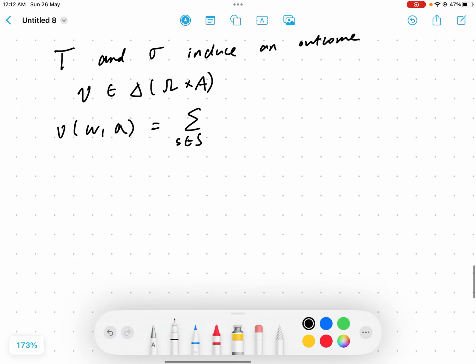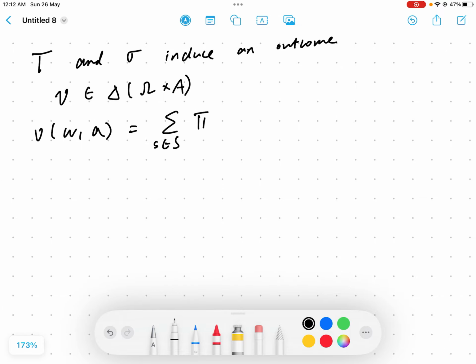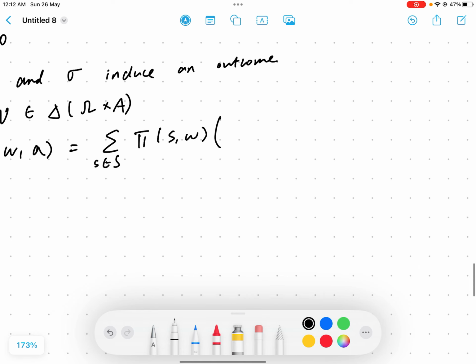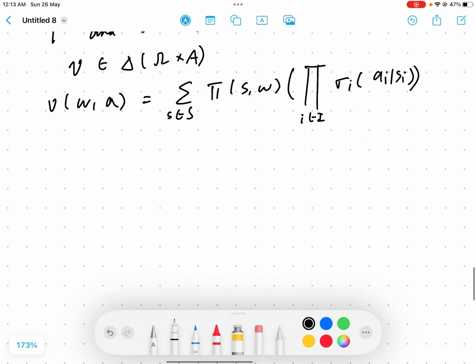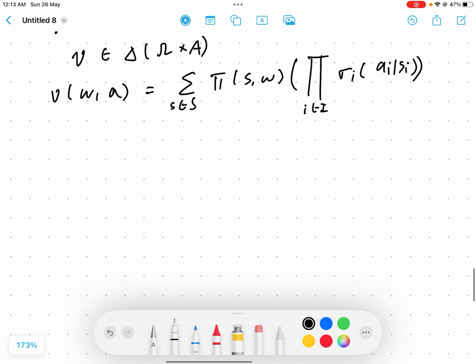So we sum first over all the signals, and we have our pi's, s, and omega. When you multiply, this is just multiplication: sigma a_i given s_i. We multiply all those together and then times pi, then sum them all up over all the s's, and this is our outcome. This has to be for all the a's and all the omegas.